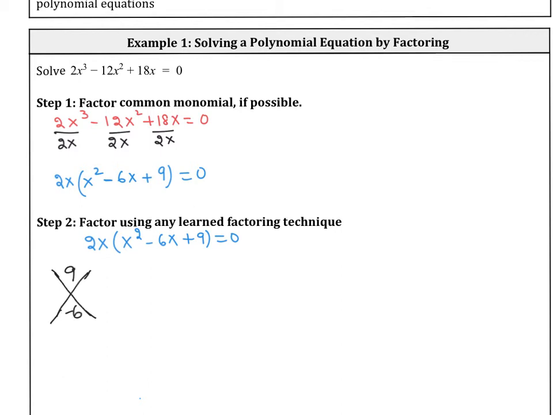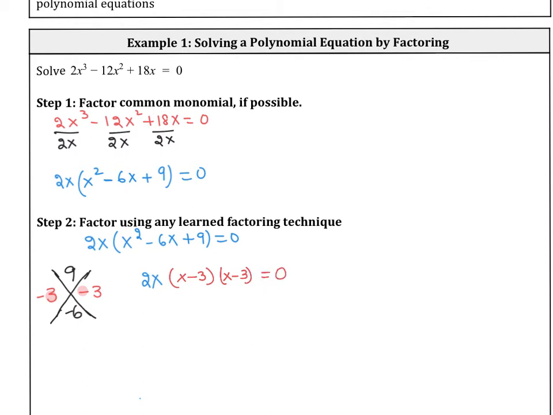You're looking for two numbers that when you multiply, you get 9, and when you add them, you get negative 6. So those numbers are negative 3, negative 3. So the factors are going to be 2x as it is outside, and this is factored into x minus 3 times x minus 3 equals 0.